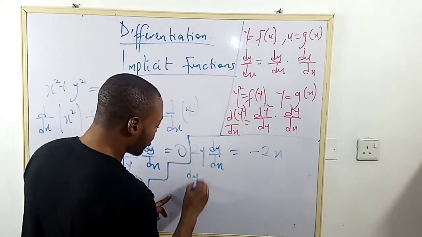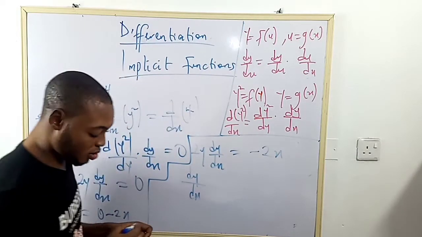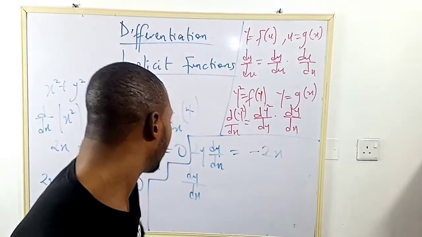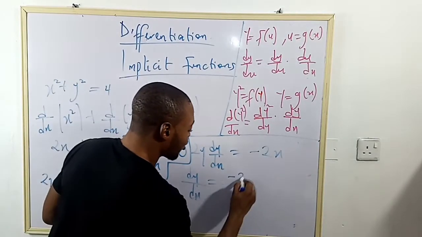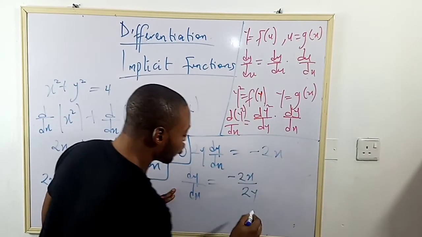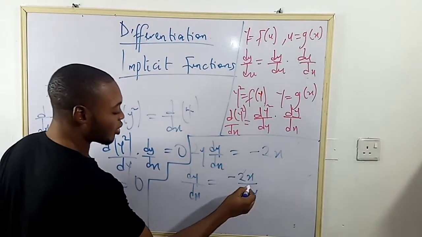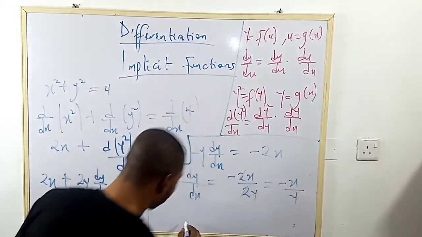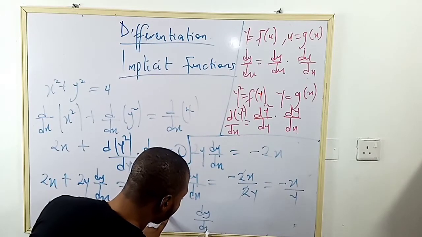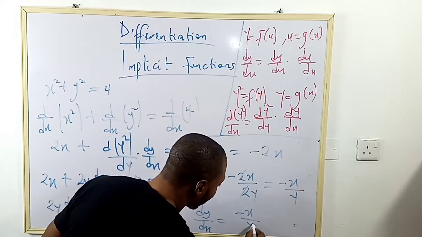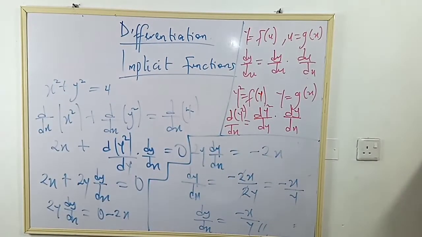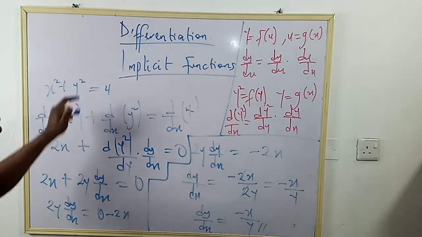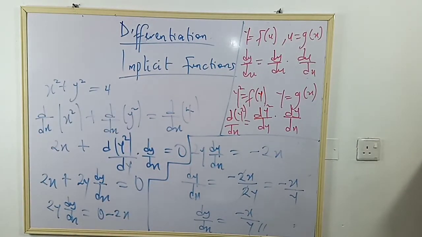So you have dy/dx will be equal to minus 2x over 2y. So 2 cancels 2. That means dy/dx will be equal to minus x over y. So I hope you got that. So that is the derivative of x squared plus y squared equals 4, which is minus x over y.